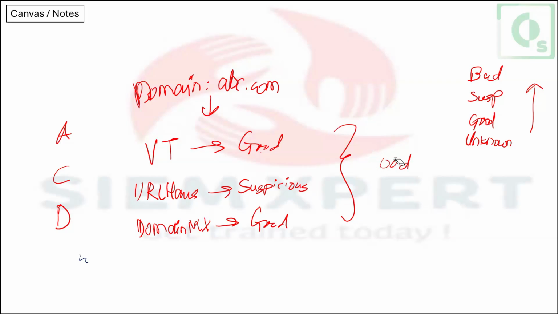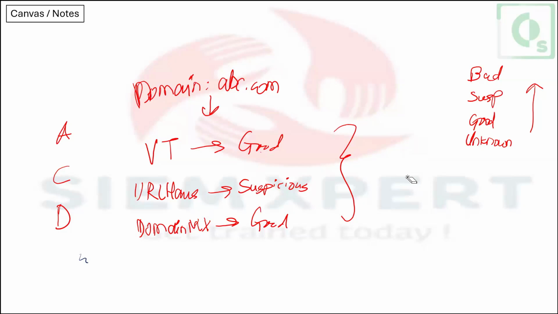I'll repeat the scenario again. If we go with the worst verdict logic, the output of this condition should be suspicious, because among good, suspicious, and good, suspicious is my worst verdict. But remember, if you have set the source reliability, it will take the priority.